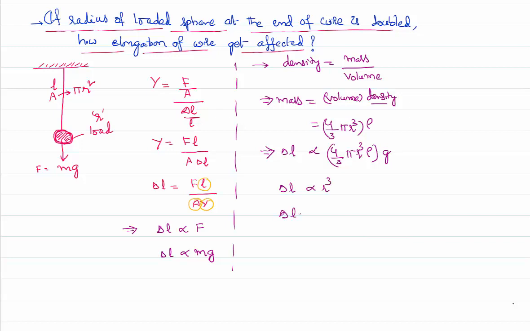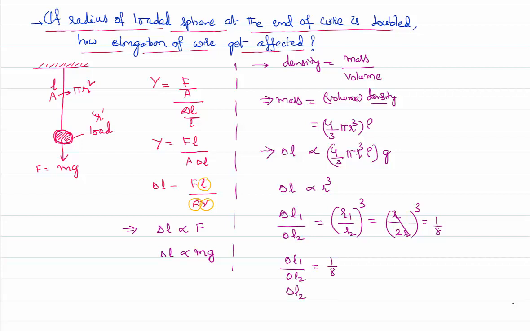So I can write the increase in the length when the sphere of radius r is suspended, compared with the increase in the length when the sphere of radius 2r is suspended, as r1 by r2 whole cube. r1 is r, r2 is 2r in our given problem, whole cube. So it's nothing but equal to 1 by 8. So delta L1 by delta L2 is 1 by 8.